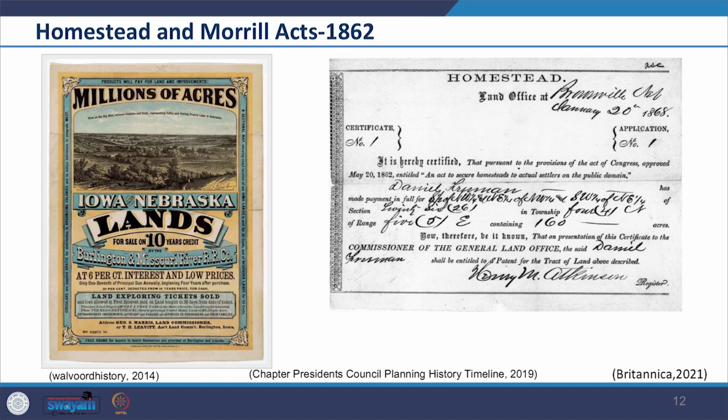This Homestead and Morrill Act of 1862 in US history was a significant legislative action that promoted the settlement and development of the American West. It was also notable for the opportunity it gave African Americans to own land. So people could own land with a nominal fee.